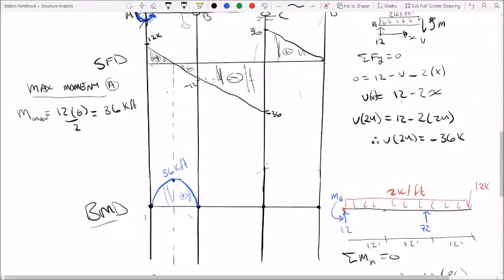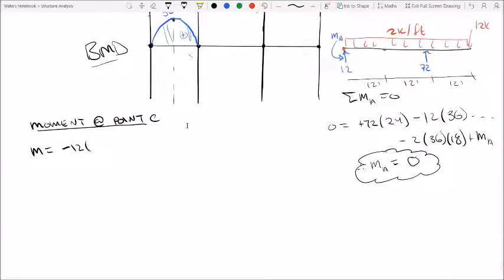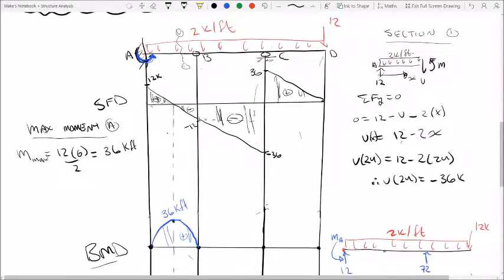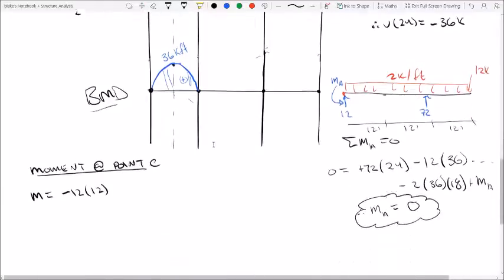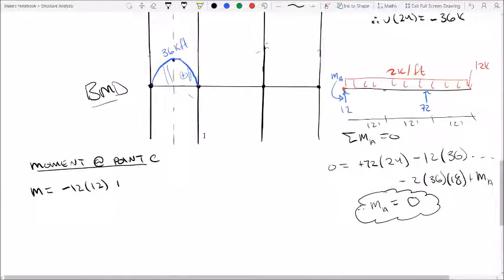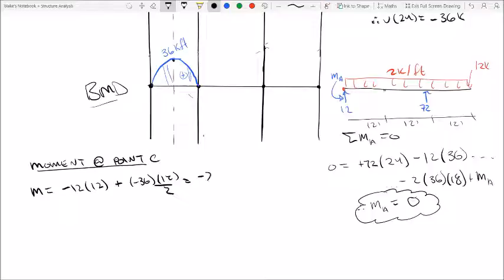So if you look back to the original picture, minus 12 times 12 plus minus 36 times 12 divided by 2, because it is a triangle, and that will give us negative 288 kip feet.